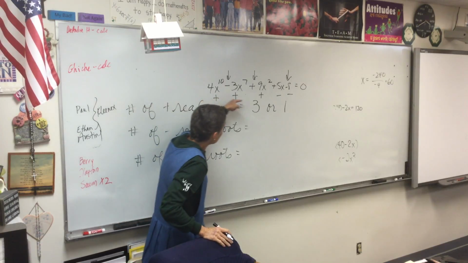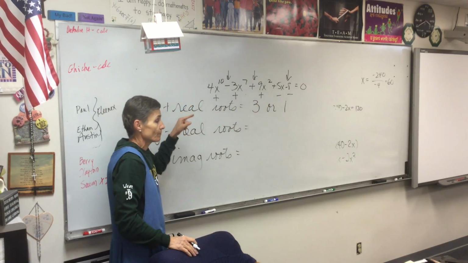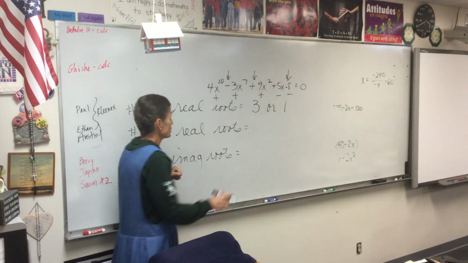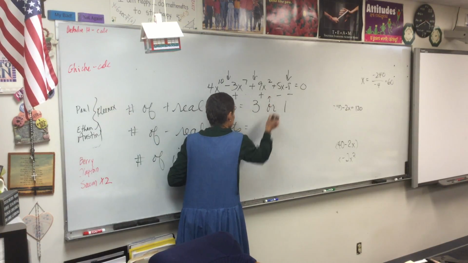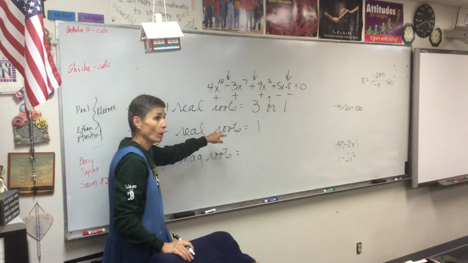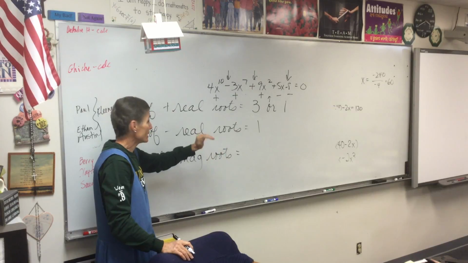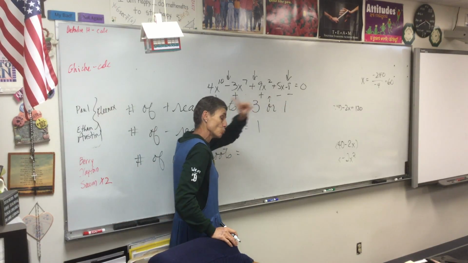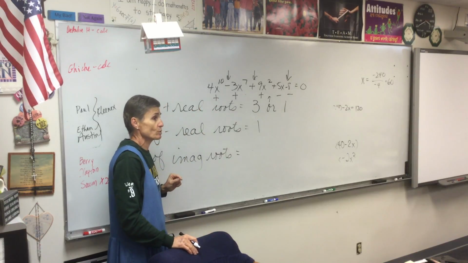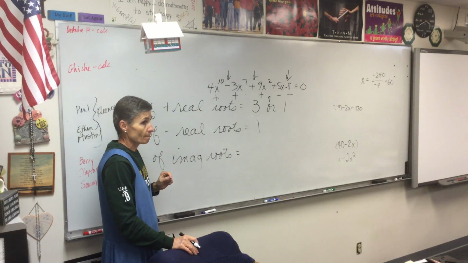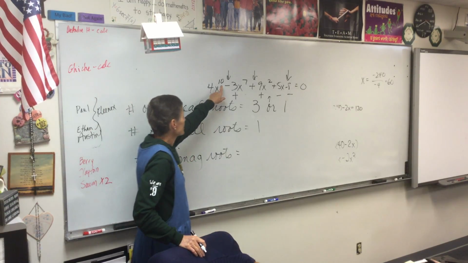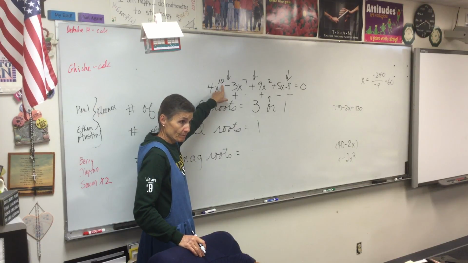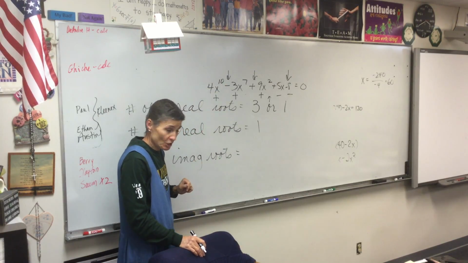Looking at those terms, how many sign changes do you see? Just one. You can't count it down, it's just one, because the sign only changed one time when x was negative. Now how many roots did we say we were going to have altogether? Now we're going to use our logic.